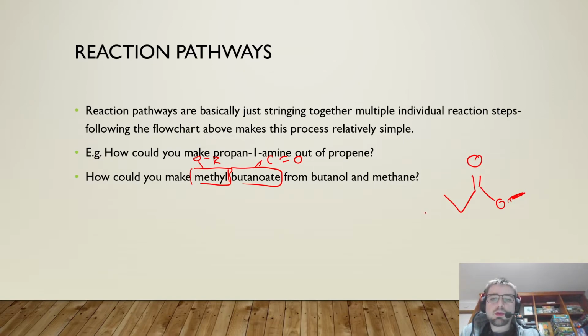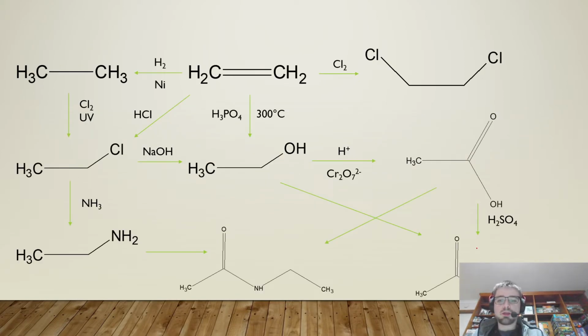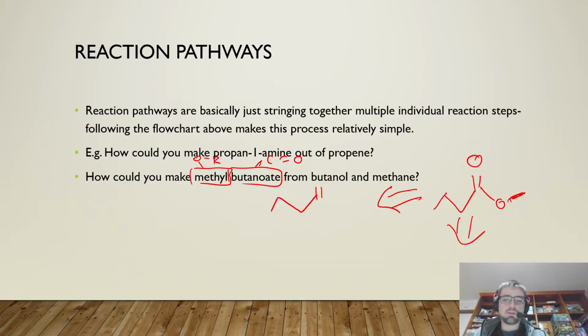So when we go back, we can use what's called a retrosynthetic arrow. We basically just write, well, what's it going to have come from? So it's going to have come from butanoate, 1, 2, 3, 4. It's going to come from a carboxylic acid, and it's going to come from an alcohol.